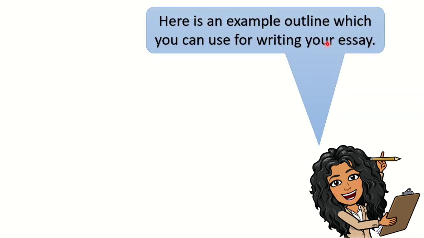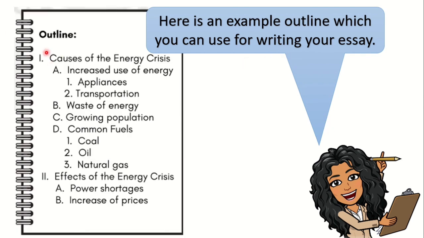Here is an example outline which you can use for writing your essay. It has two main ideas: the causes of the energy crisis and the effects of the energy crisis, and the following supporting details.